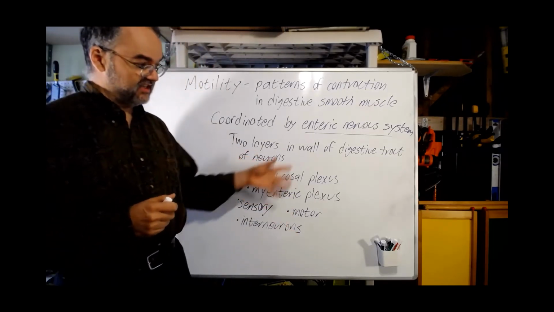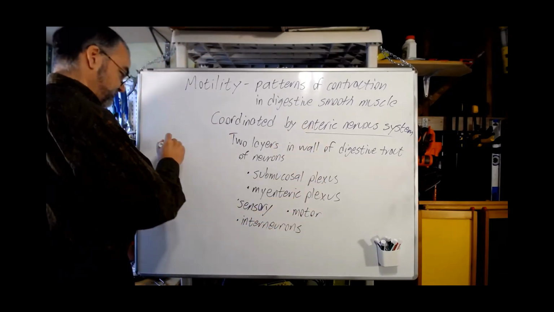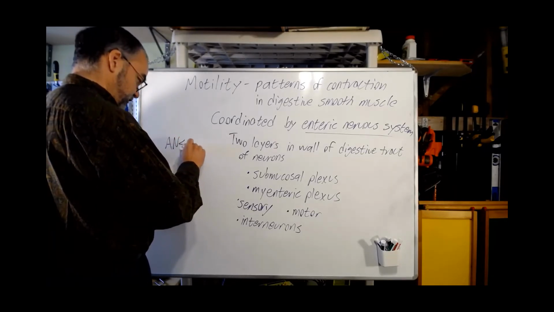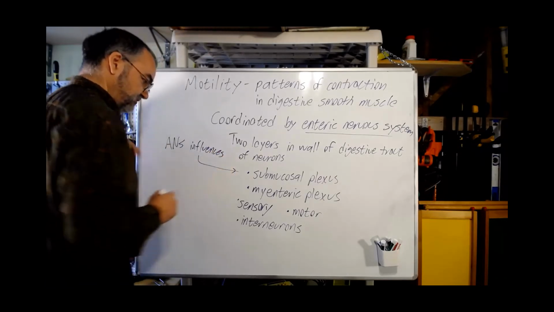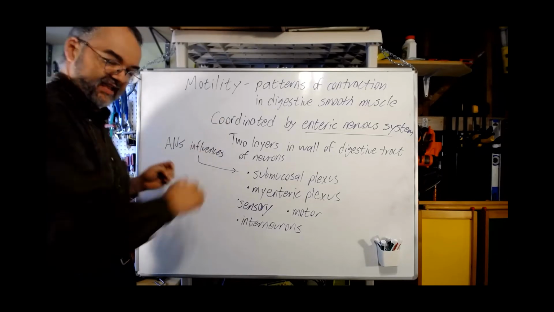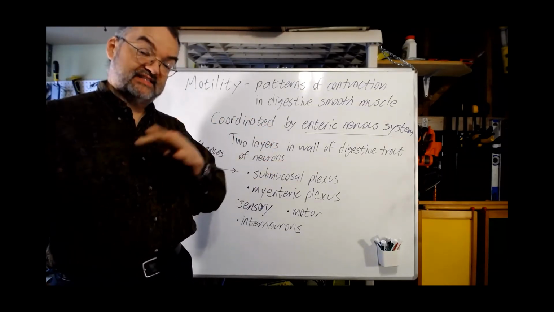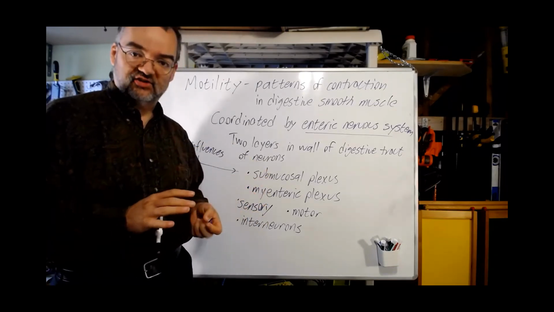Another interesting thing is, while this is heavily controlled by the autonomic nervous system, so the ANS influences this. That's not just pointing at submucosal plexus, that's this whole thing. The ANS influences all of the enteric nervous system. So my sympathetic and parasympathetic responses can adjust this function.